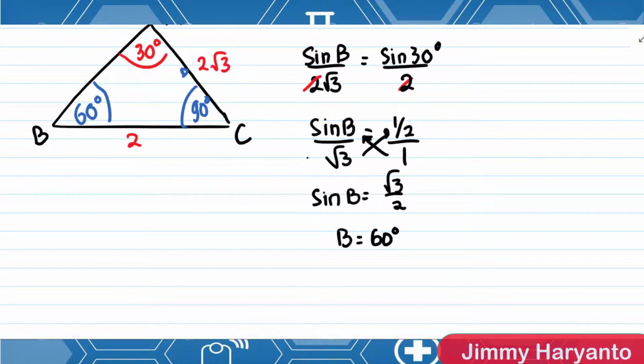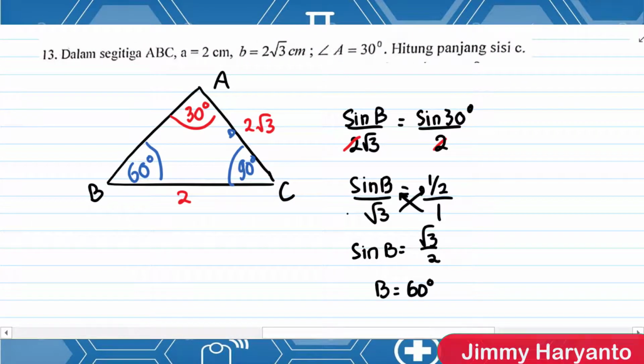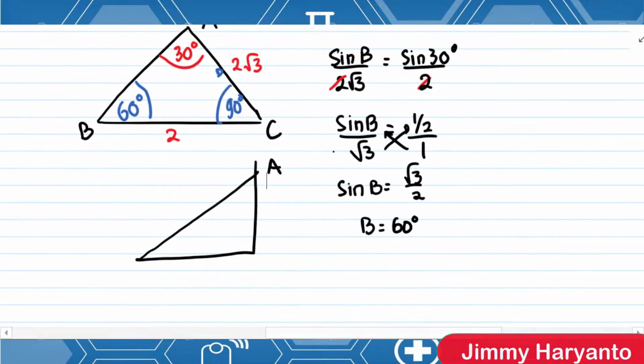So our picture is not correct. Let's correct the picture. C is 90 degrees like this. This is A, this is C, and this is B. BC is 2, AC is 2 square root of 3.